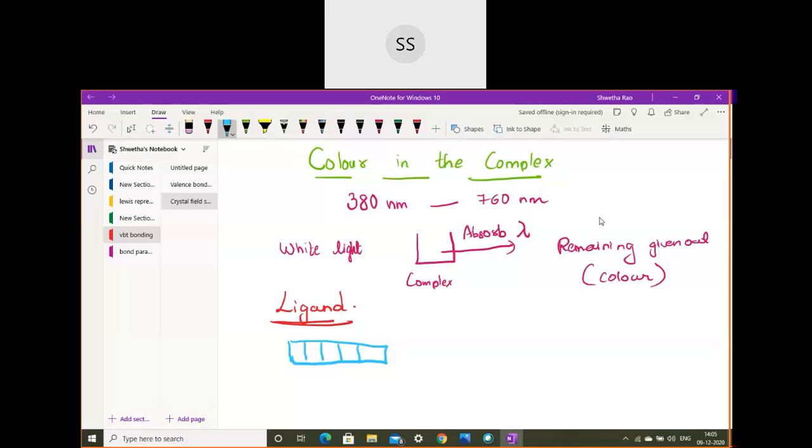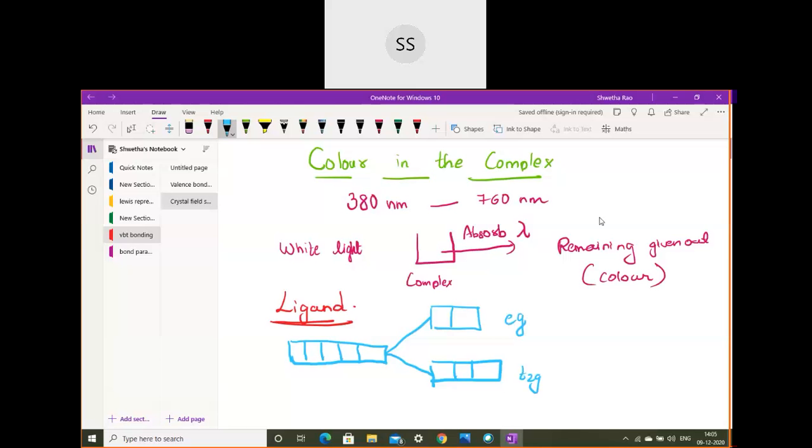I will take only the octahedral complex here. Three orbitals go down, that is t2g, which are dxy, yz and xz, and two orbitals go to the higher energy state due to repulsion, that is eg, dx square minus y square and dz square, at the top.